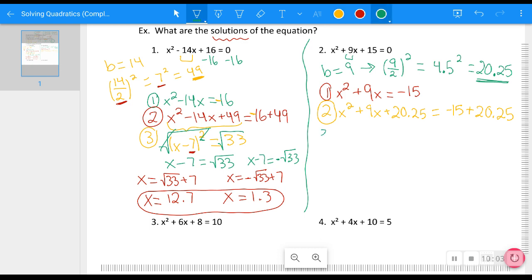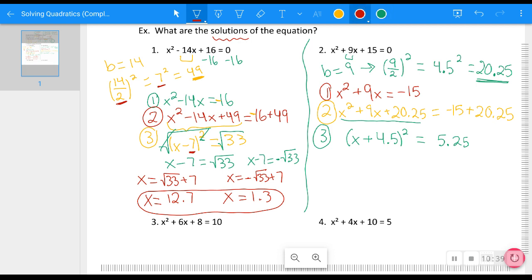Now, we've accomplished our goal of wanting this left side to be a perfect square. So now this is going to be a perfect square of x plus, this is our b over 2 value. So that was the 9 over 2, which is 4.5, squared. And then equals negative 15 plus 20.25 equals 5.25.